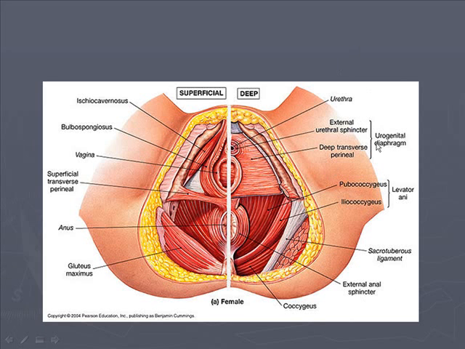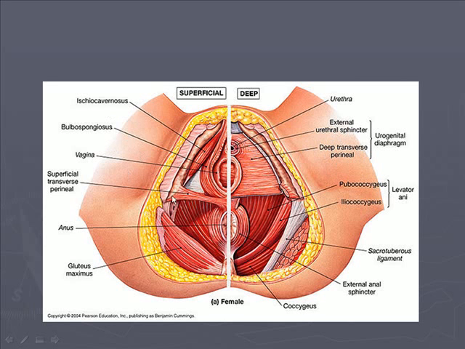I think I did ask you to identify on the lab the urogenital diaphragm. As you can see, there are components of the urogenital diaphragm which include the external urethral sphincter. This is the muscle that's responsible for relaxing and constricting to control the flow of urine. Also, circular muscle walls around the vagina.